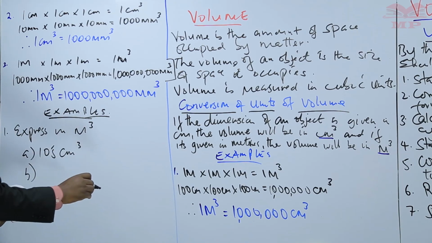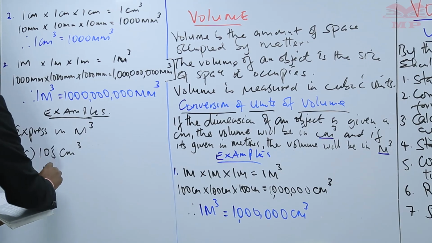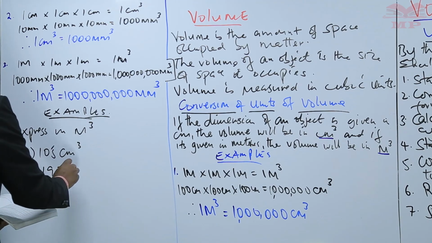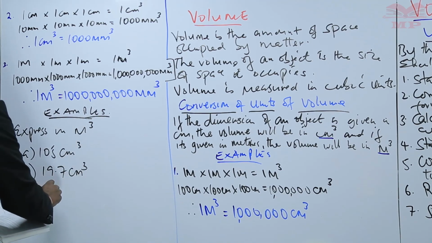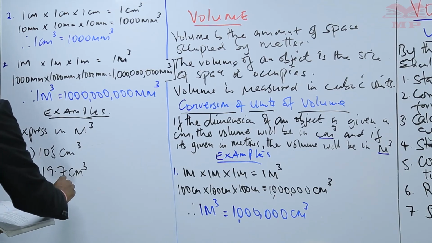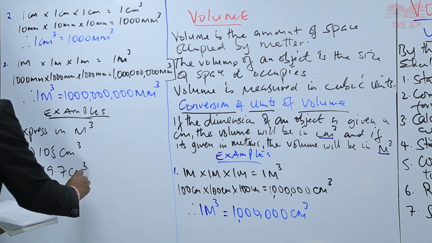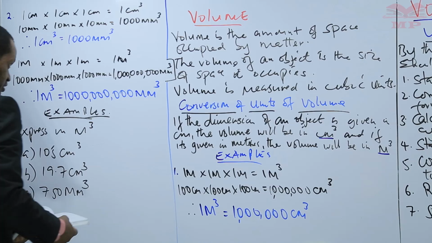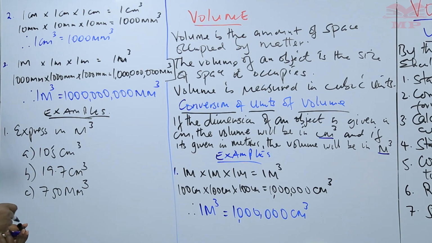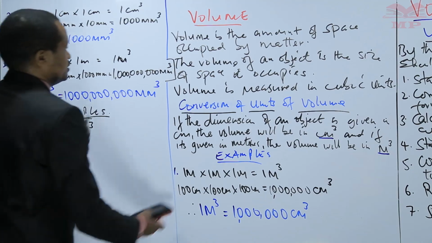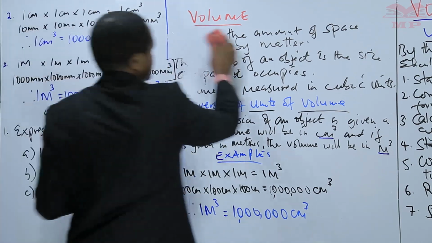B, 19.7 cubic centimeters. C, 750 cubic millimeters.